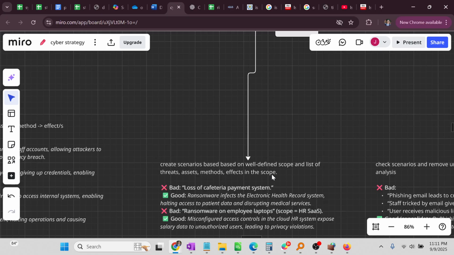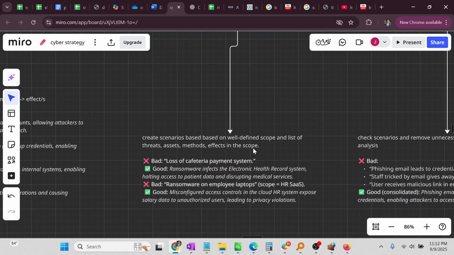When you have a list of what threats you are going to focus on, you do your research and find the relevant threat actors. You also do some research in the internal organization and find out what kind of assets are important, what methods apply to you, and what effects the stakeholders are concerned about. So find the list. When you do that, you can create very relevant scenarios.